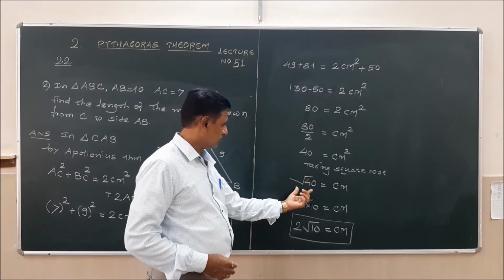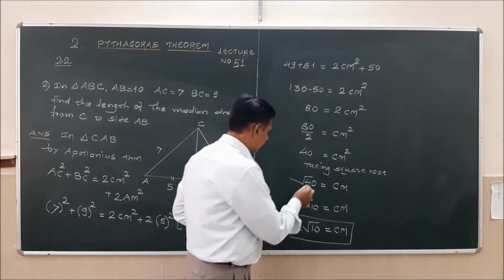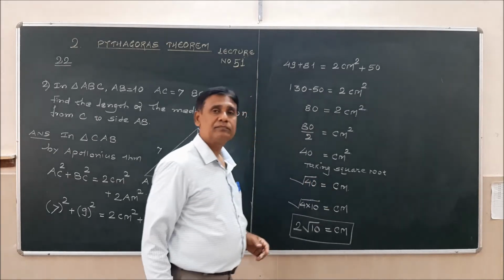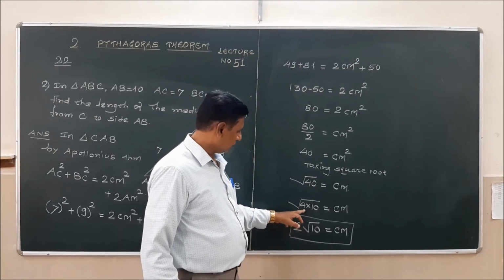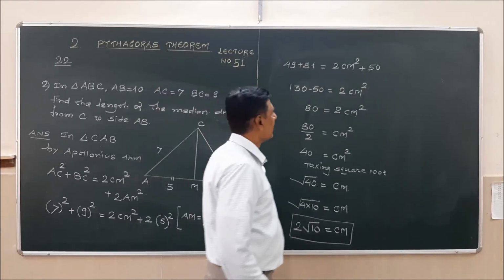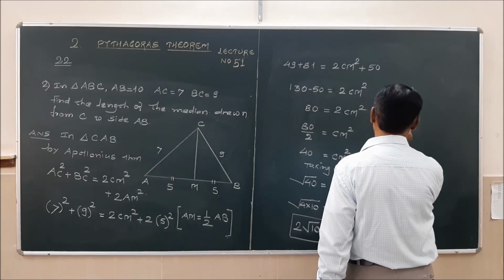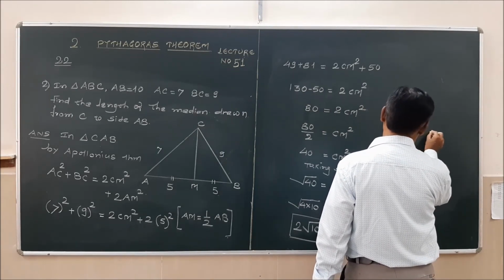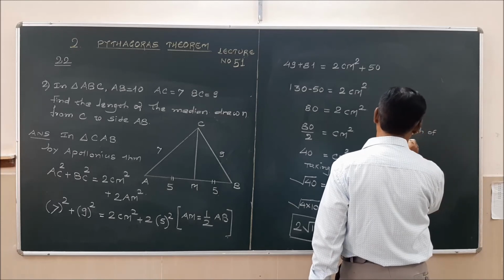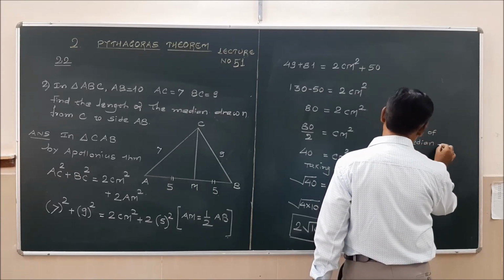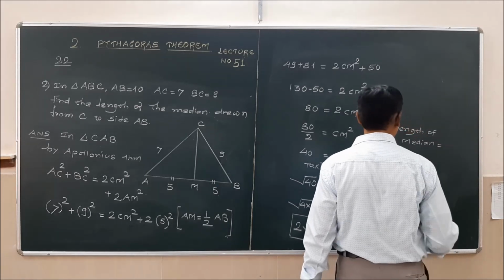Taking square root, I split 40 as 4 tens. You all know the square root of 4 is 2, so 2 root 10 is equal to CM. Therefore, the length of the median is equal to 2 root 10.